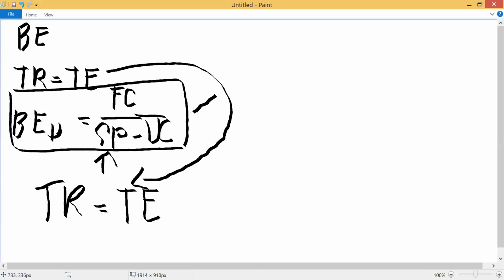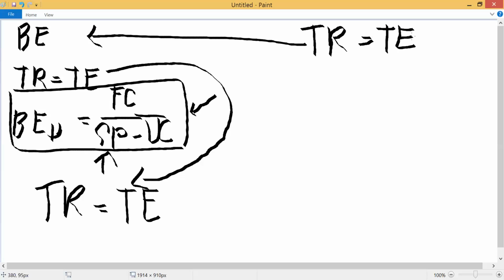So from this equation, TR, or the total revenue, is equal to total expenses, in order to break even.